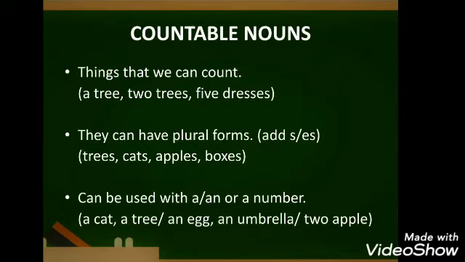So from here we can get the definition of countable noun. What is countable noun? Things that we can count, that can have plural forms and also can be used with a or an or a number are countable nouns. For example, tree, dress, cat, apple, box, egg, umbrella and so on.